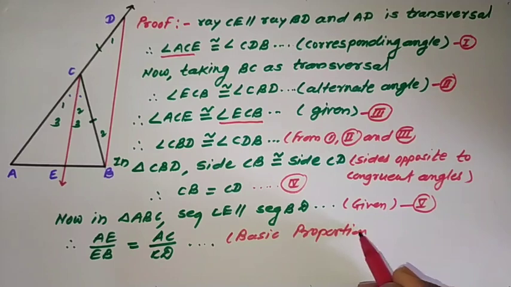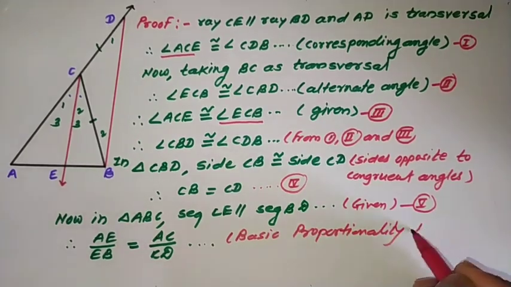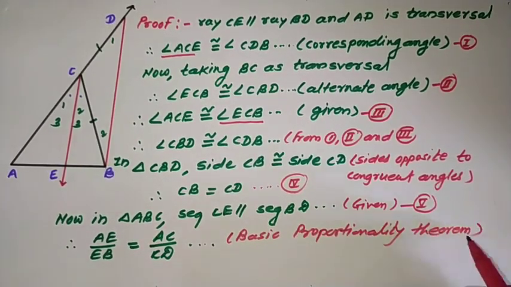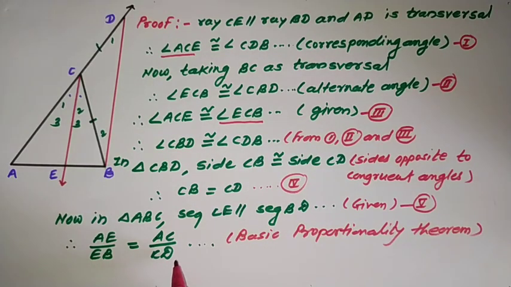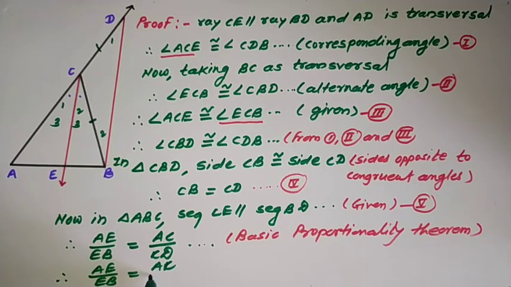Here the value of CD is equal to CB. Therefore, AE upon EB is equal to AC upon CB. This is what was to be proved.